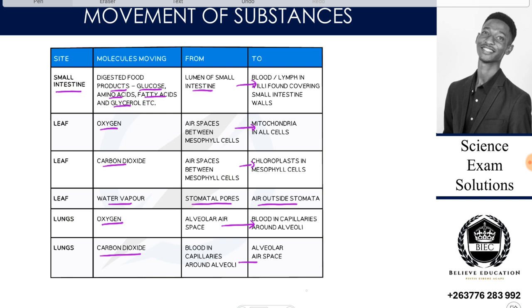So you see that all of these processes involve the movement of substances, and this movement of substances is being facilitated by what? By a process called diffusion. Which means diffusion is very important to living organisms.